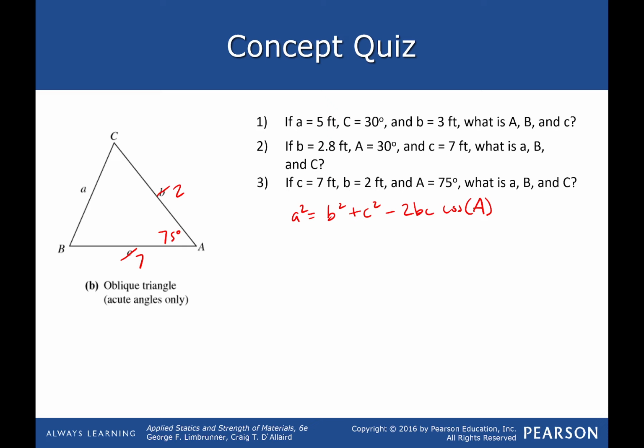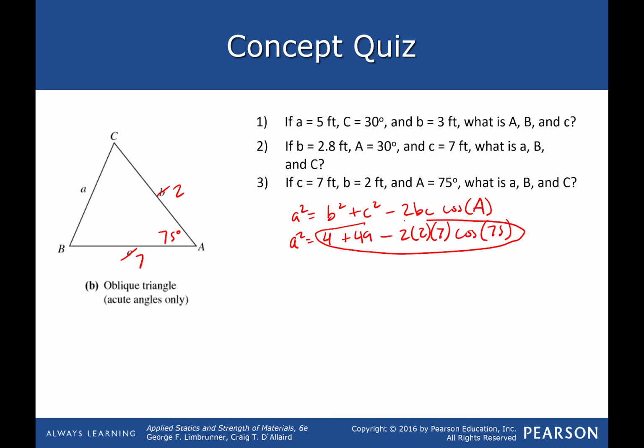Now, with that in mind, we're going to plug in our numbers. So A squared is going to be equal to 4 plus 49, 2 squared is 4, 7 squared is 49, minus 2 times 2 times 7 cosine of 75 degrees.